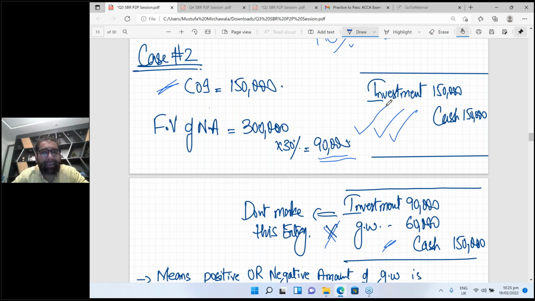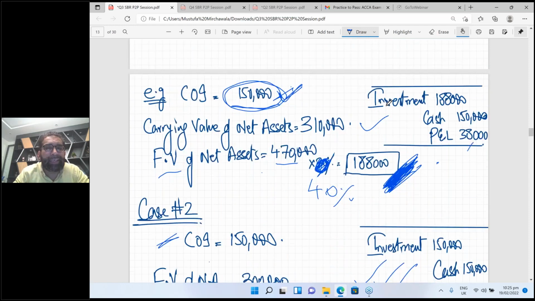And the same thing you were doing here. This 38 is also included in this investment. This 188 became 38 plus 150.